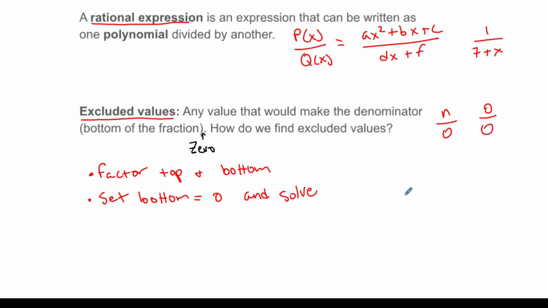So, for example, let's suppose we had something like 1 over x squared minus 4.